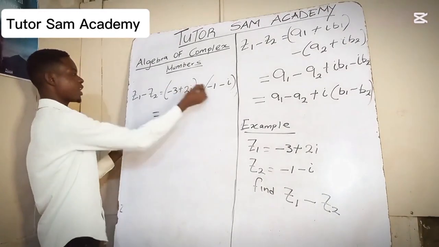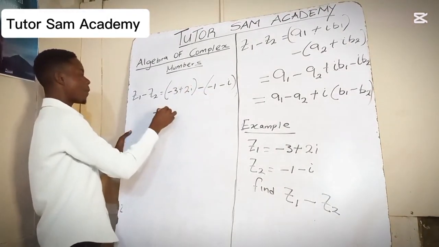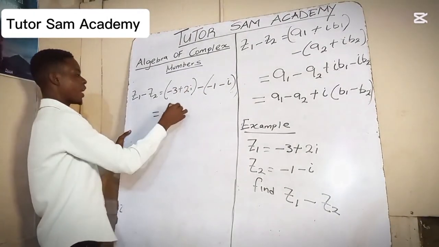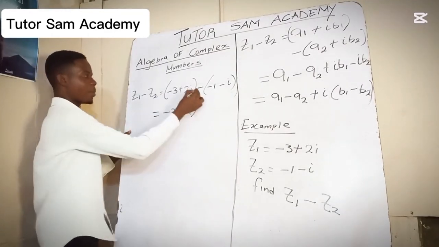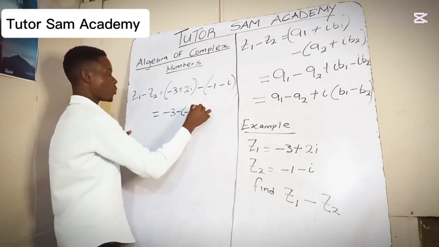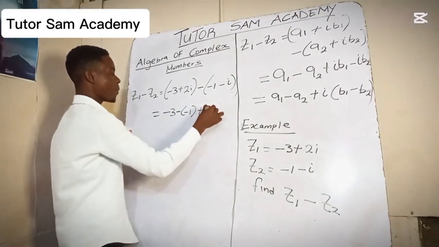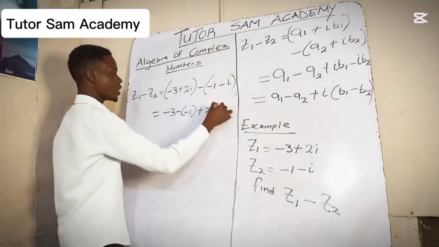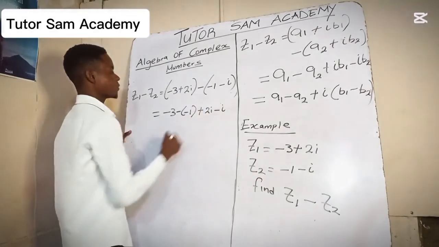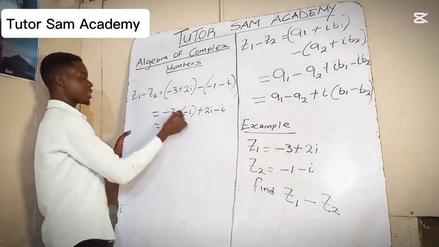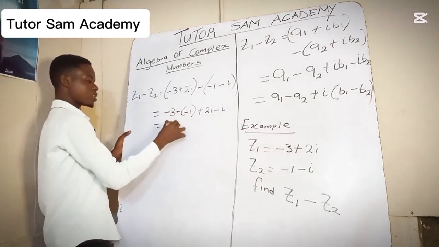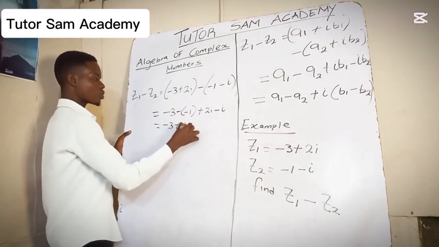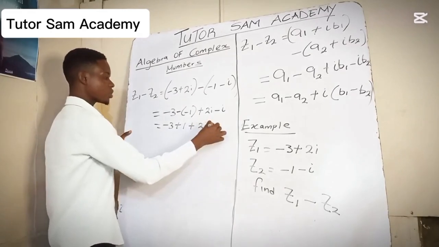So the real part is minus 3 and minus 1, so this will be minus 3 minus 1. Are we together? Then plus 2i minus what? Minus I. Minus times minus gives us plus. So this is plus 1 plus 2i minus I.